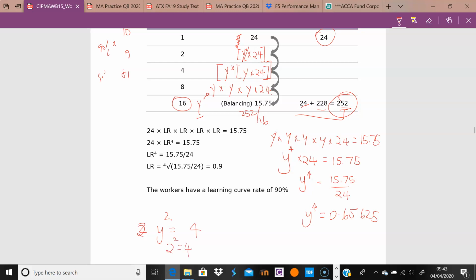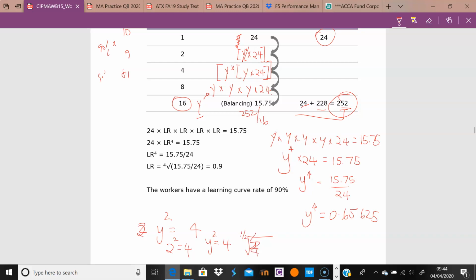So in your calculator you would ask what is the square root of 4. But this time I'm looking for the fourth root.